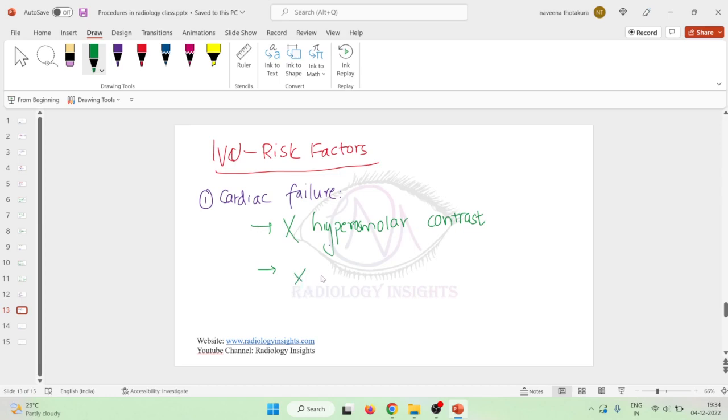We should use low osmolar contrast, which is iohexol, for doing an IVP in cardiac failure.